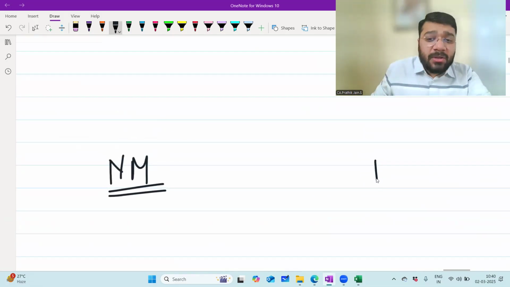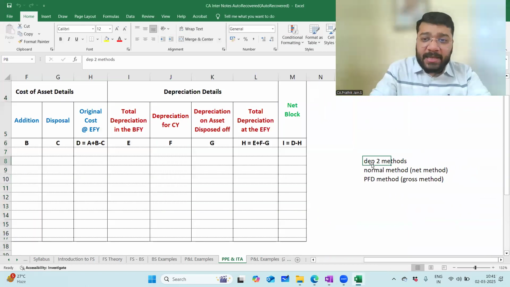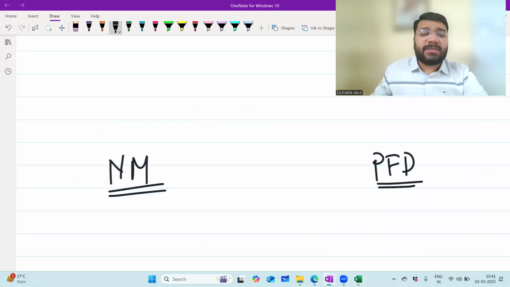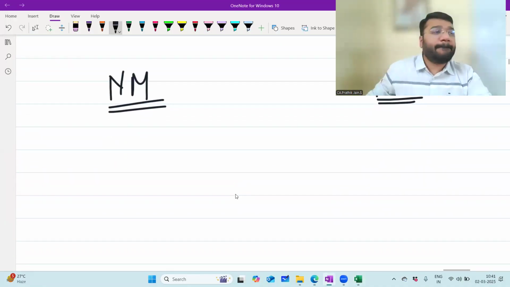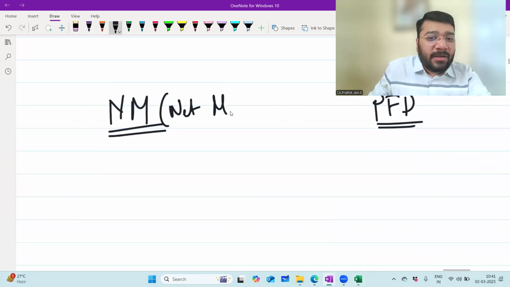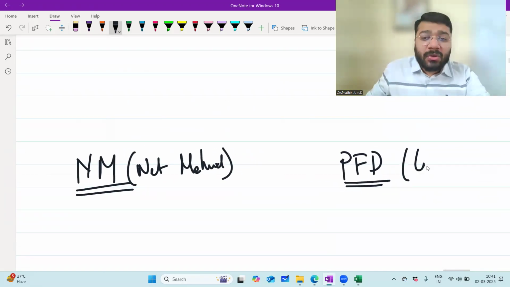Second is called the provision for depreciation method. There's another name given to them. It is called the gross method. It is also called the net method. Which is the gross method and which is the net method? Normal method is the net method. Very good. And the PFD method is called the gross method.